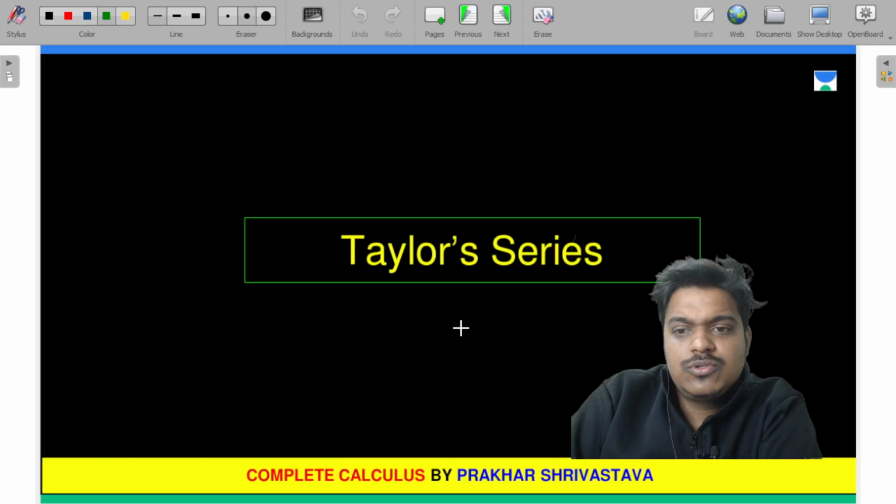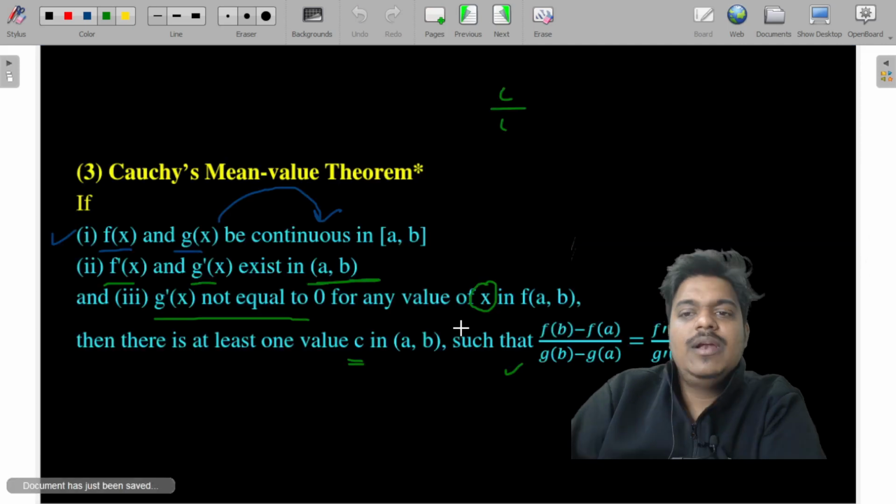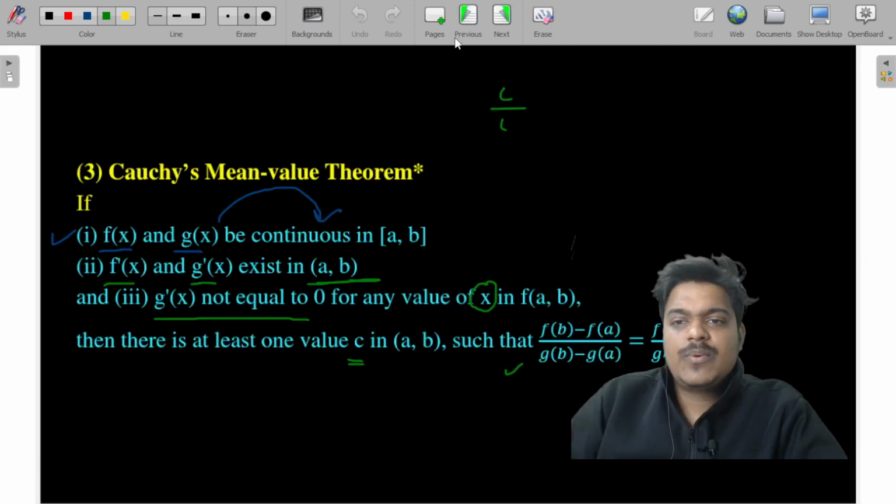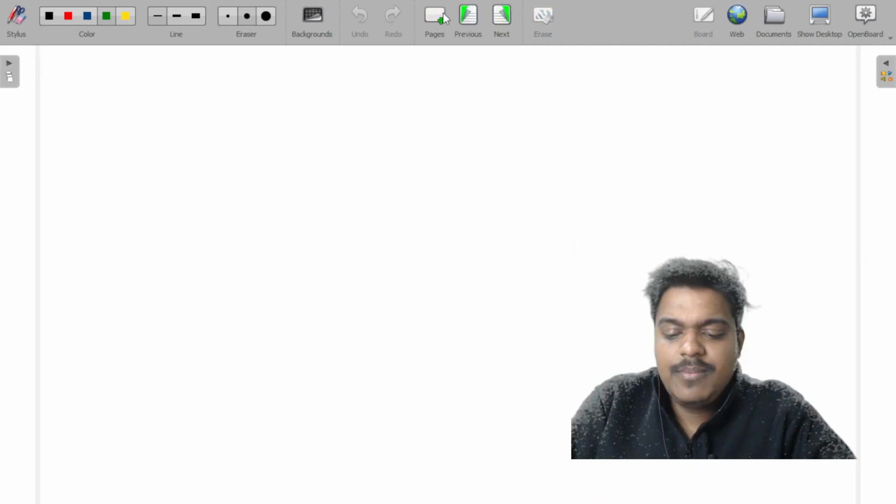So we'll try to solve a question related to Cauchy's mean value theorem, because with a question you will be able to understand the topic in a better way.